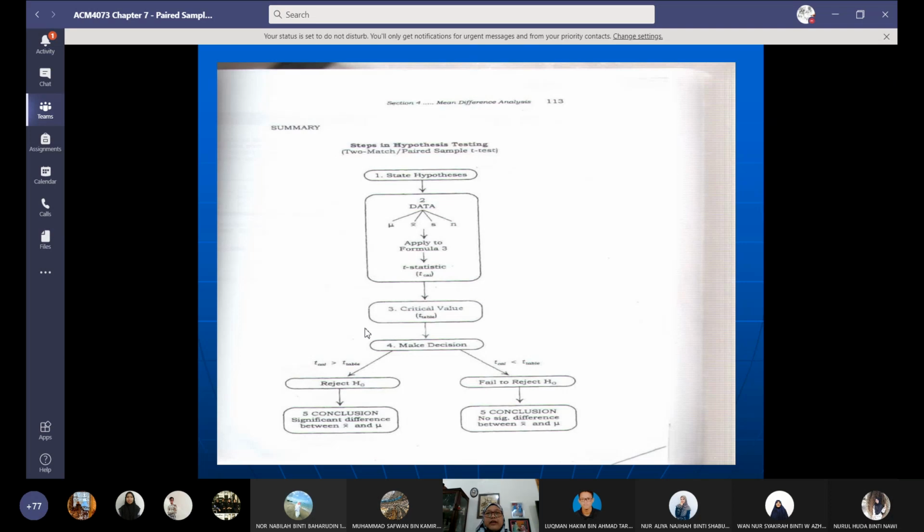For example, the significance value can be 0.05 or must be less than 0.05. In some cases we use 0.01.